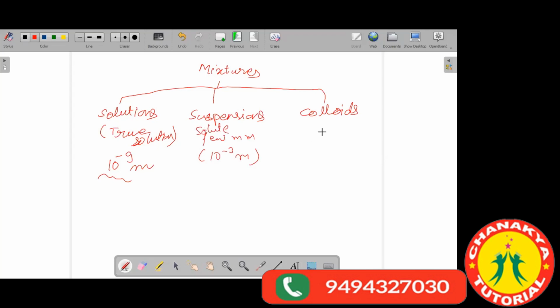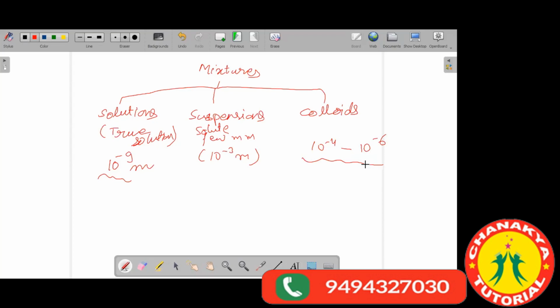In the case of colloids, the size of the particles is in between them, roughly between 10 to the power minus 4 and 10 to the power minus 6 or minus 7. So the particles are not very big and not very small.